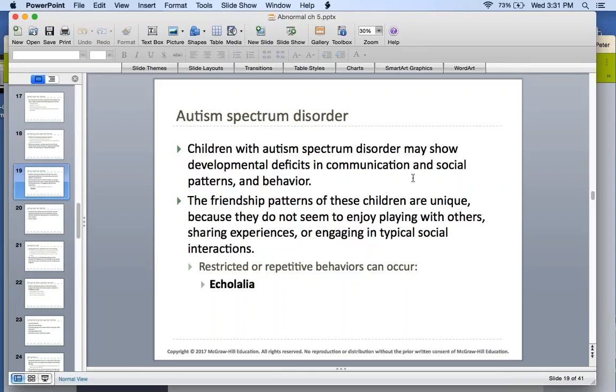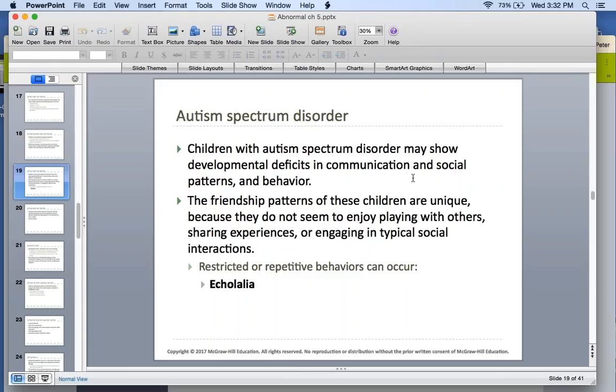You'll see children with autism spectrum disorder doing what we call parallel play. Parallel play is when two kids play in the same space and maybe even with the same toys, but they are not playing together. Right? They're not playing like, oh, we're playing house and you're the mommy and you're the baby and you're the dog. They are just playing trucks near someone else who is playing trucks.